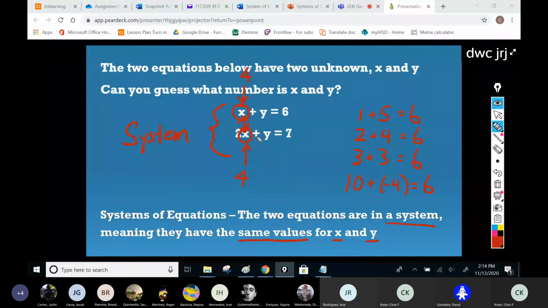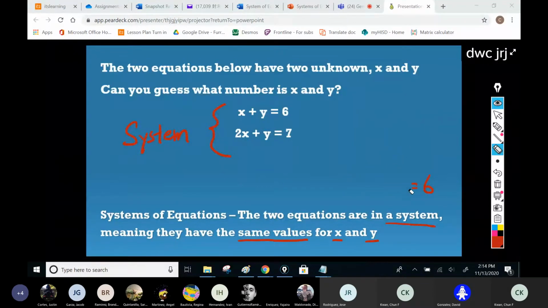They are locked into place. Whatever x is in the first equation is going to be the same in the second one, and the same for y. Whatever y is in the first one is going to be the same in the second one. So if we have two equations that are in a system, we can solve for the two variables.